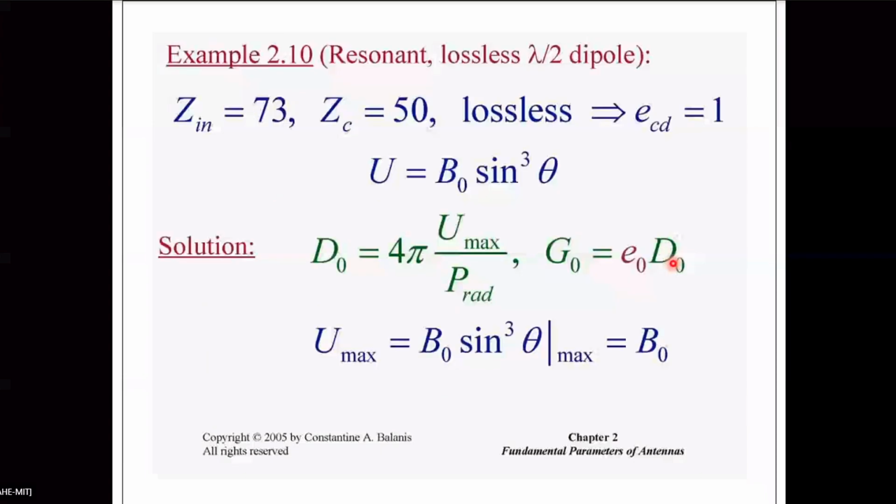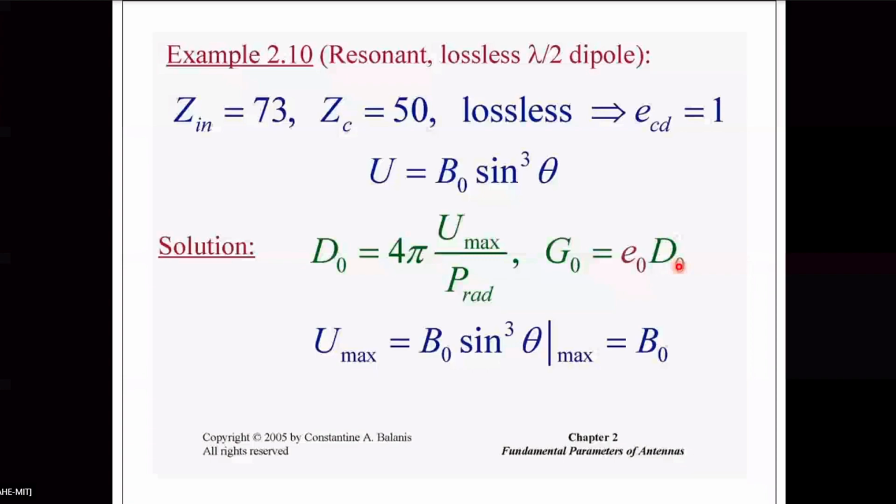Now here is a problem. Zin is given to be 73 ohms, ZC is 50 ohms, lossless antenna. If it is mentioned that it is a lossless antenna, you have to take ECD as 1. So the pattern is given, U is equal to B naught sine cubed theta.